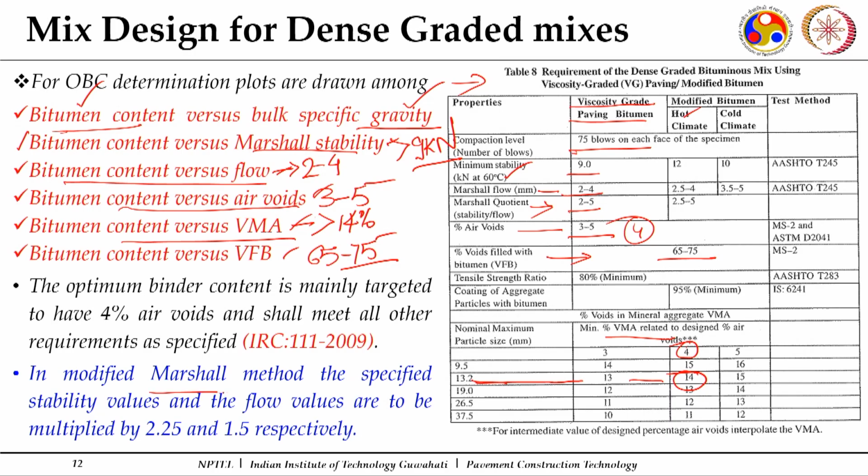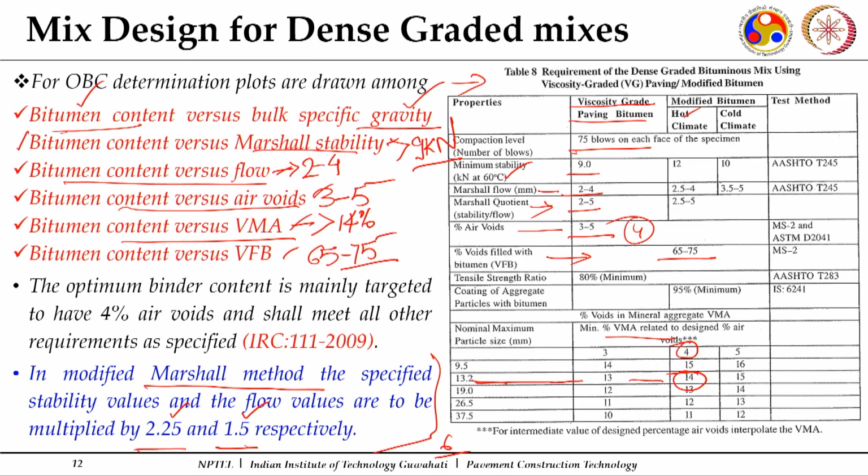When you are using a modified Marshall method of mix design, the stability and flow requirements are to be multiplied by 2.25 and 1.5. So, the stability of 9 kilonewton will be raised to 9 into 2.25, and the flow of 2 to 4 then becomes 3 to 6, because it is multiplied by 1.5. This is because you are making 6 inch specimens.